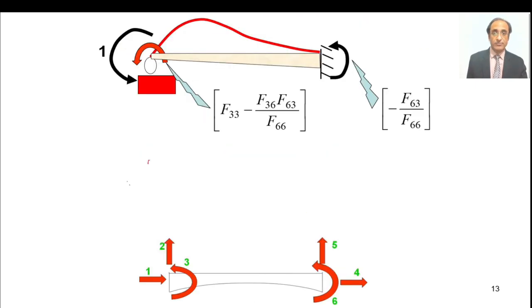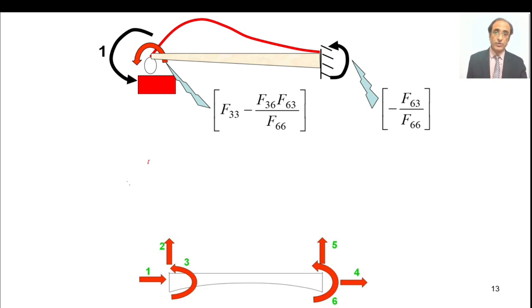By linear combination we find that the moment at the left end is unit moment and the rotation undergone is this value, and there is a carryover moment like this. Now we can apply the definition of the stiffness coefficient. Stiffness coefficient is basically the force required to bring about a unit displacement along a particular degree of freedom.